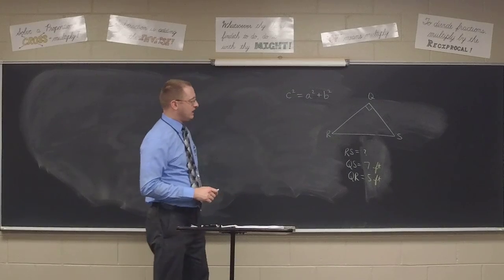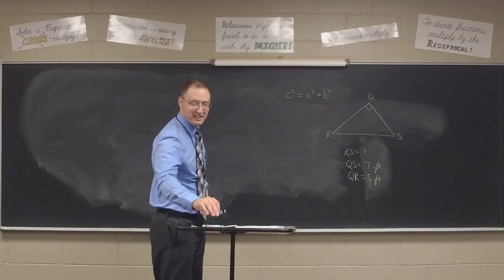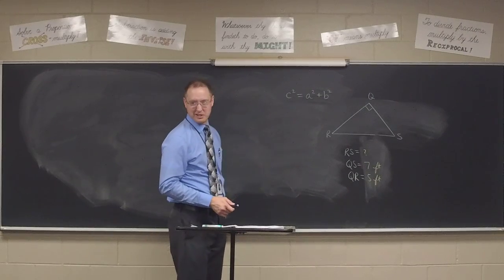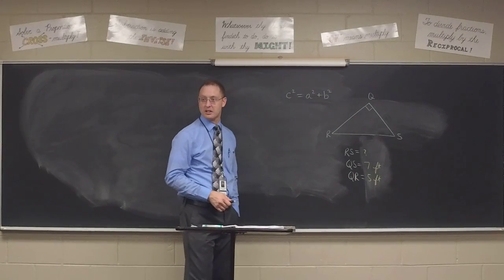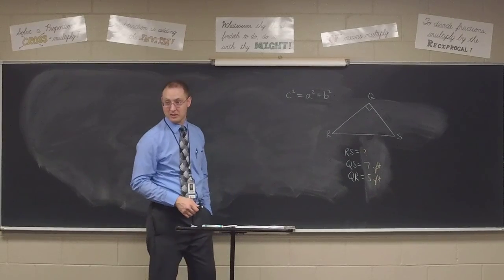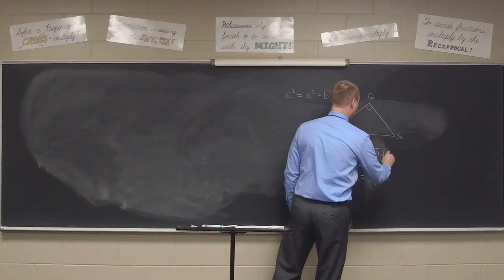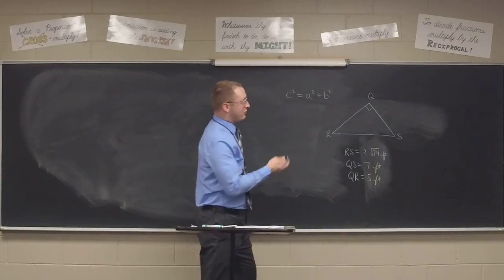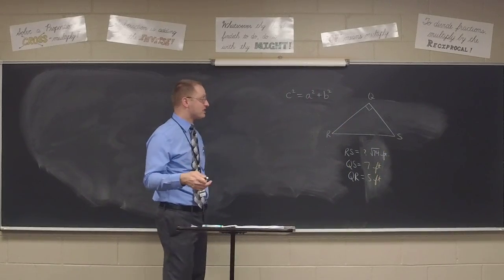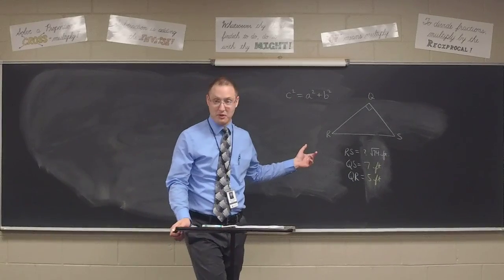It's going to be pretty ugly, isn't it, Quentin? What do we end up getting for RS, Quentin? Yeah, the square root of 74 feet. I don't want a decimal, but you can't reduce the radical. There's no squares in 74, so you just leave it. Square root of 74 feet. How many have that for this one here?